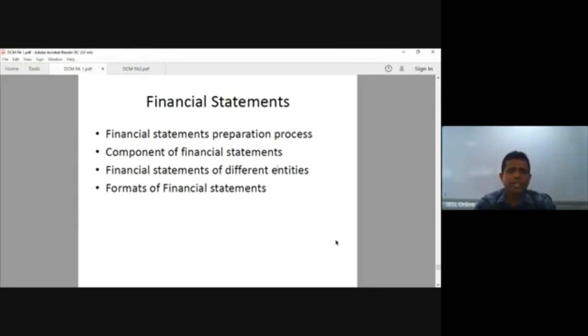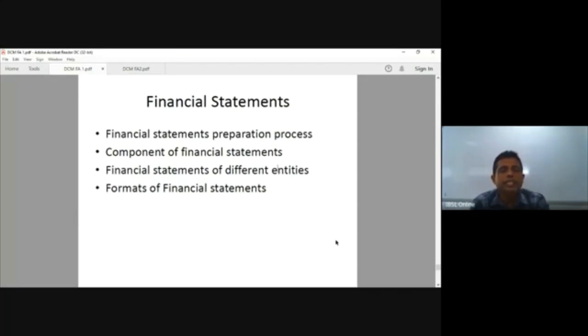Therefore, different entities have financial statements of a similar nature, but you can find different technical jargons appearing in the financial statements, right?